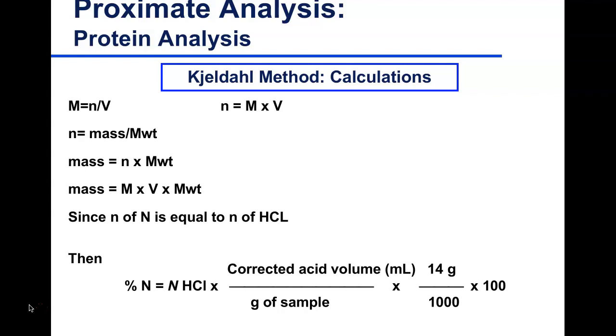So this grams of nitrogen can get substituted right back in here, because we have the grams of sample and we have the 100.